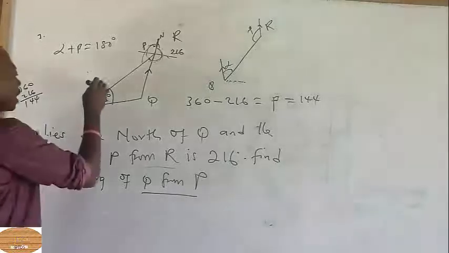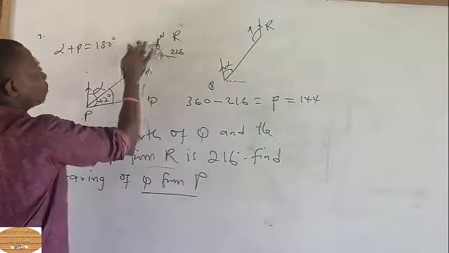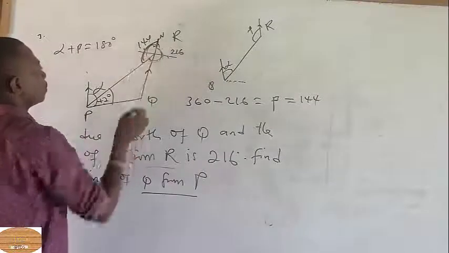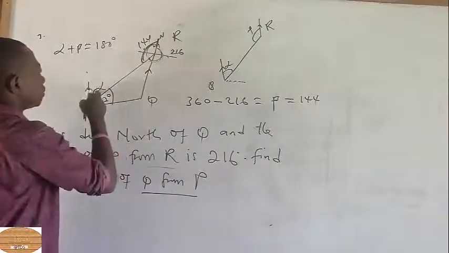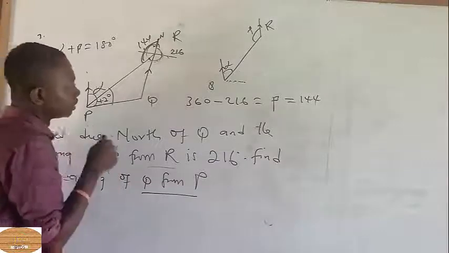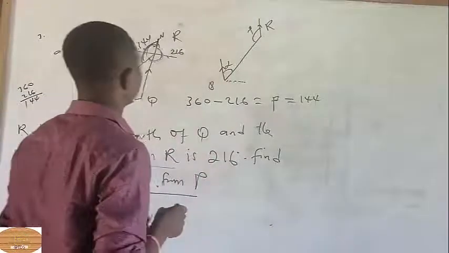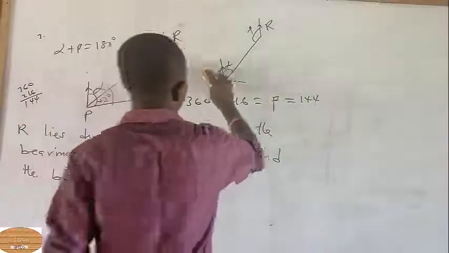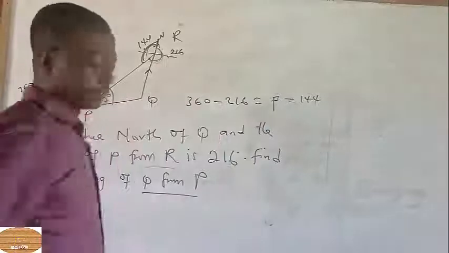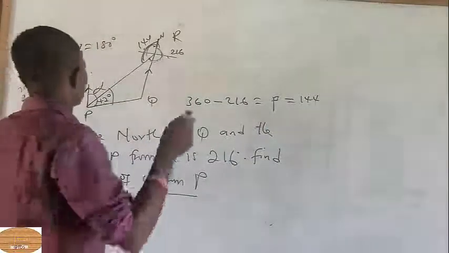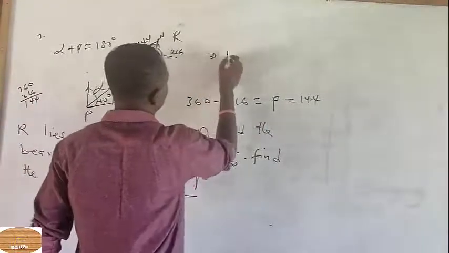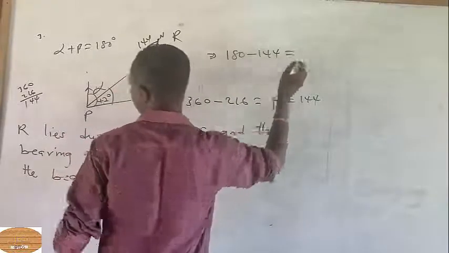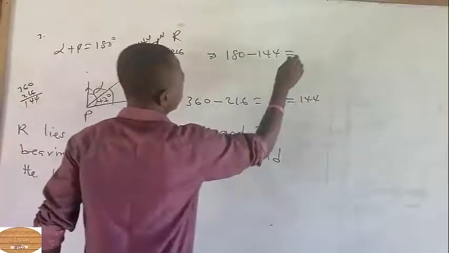So we have 144 for this side. So everything here is 144. So 144 plus alpha will give you 180. So 180 minus 144 will give you this side, alpha.